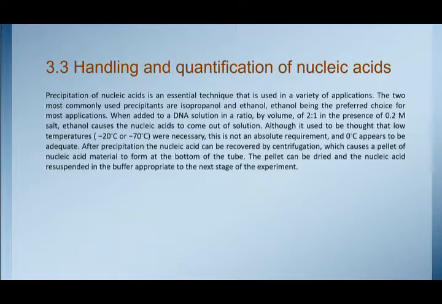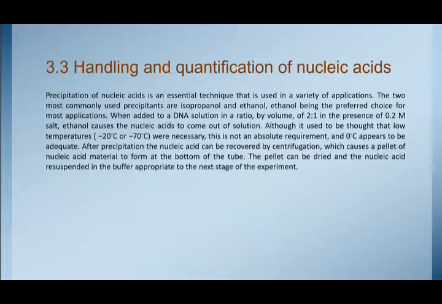When added to a DNA solution in a ratio by volume of 2:1 in the presence of 0.2 molar salt, ethanol causes the nucleic acids to come out of solution. Although it used to be thought that low temperatures, -20 or -70 degrees, were necessary, this is not an absolute requirement, and 0 degrees centigrade appears to be adequate.